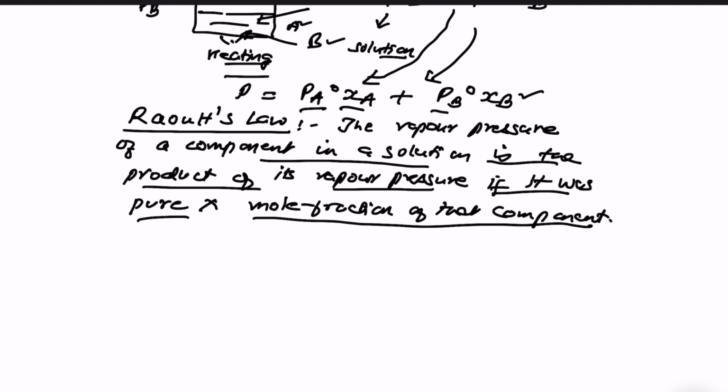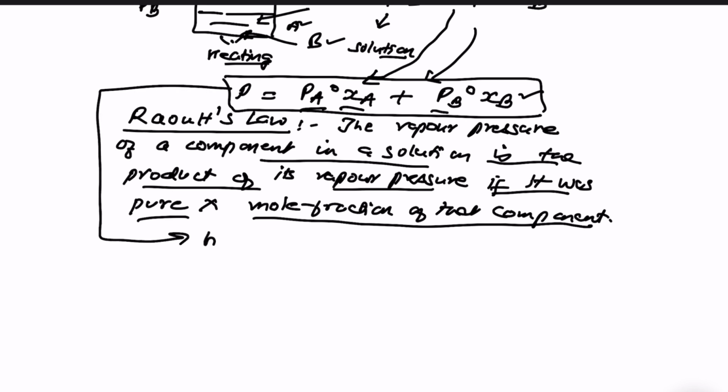This is the case when both the components are volatile, so both are going to have a contribution in the total vapor pressure of the solution. So P will become equal to PA naught into XA plus PB naught into XB.